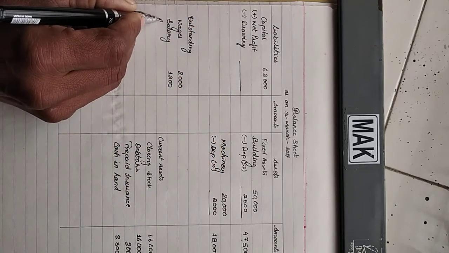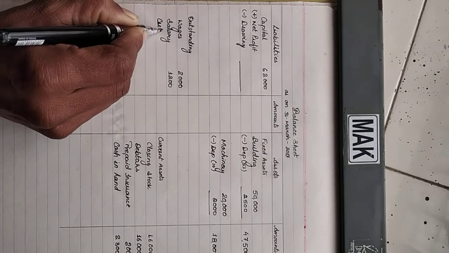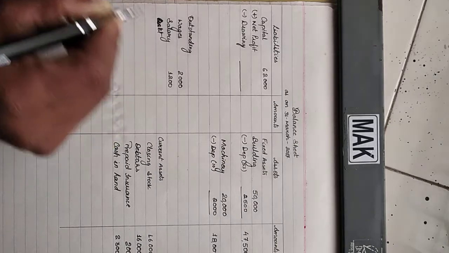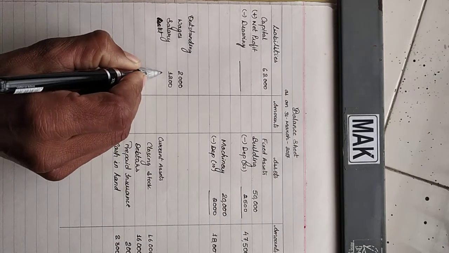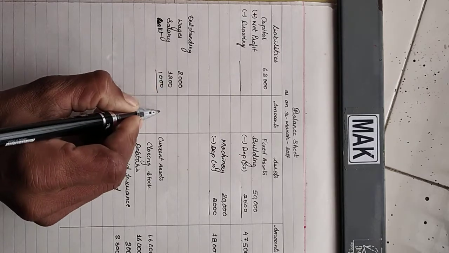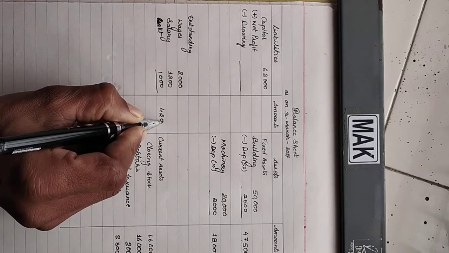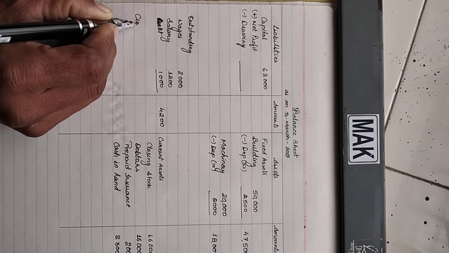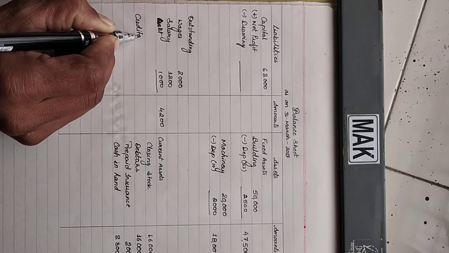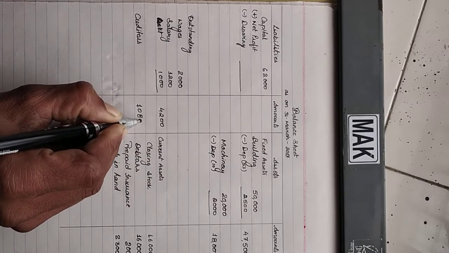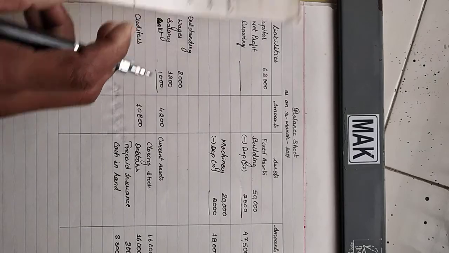And add, we will have here rent. That rent we have adjusted 1000 rupees. We will write in outstanding rent. So this will be your 240,200. And the last we have here creditors, that is of your 10800.